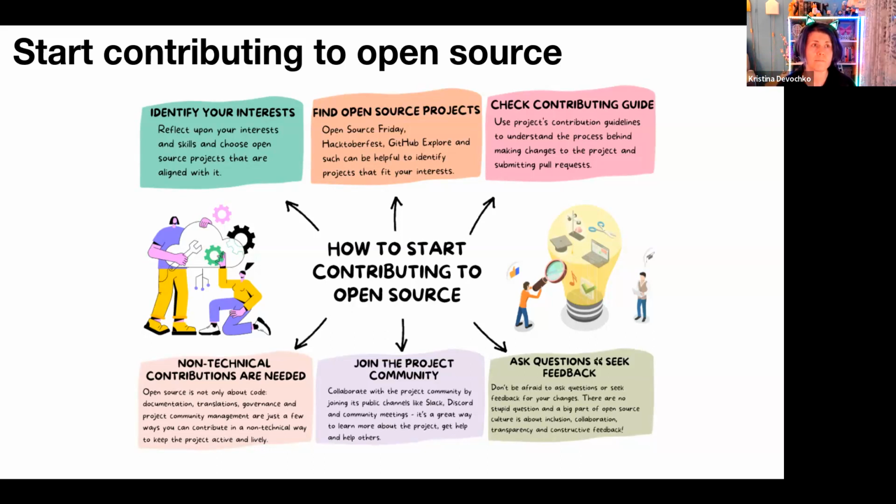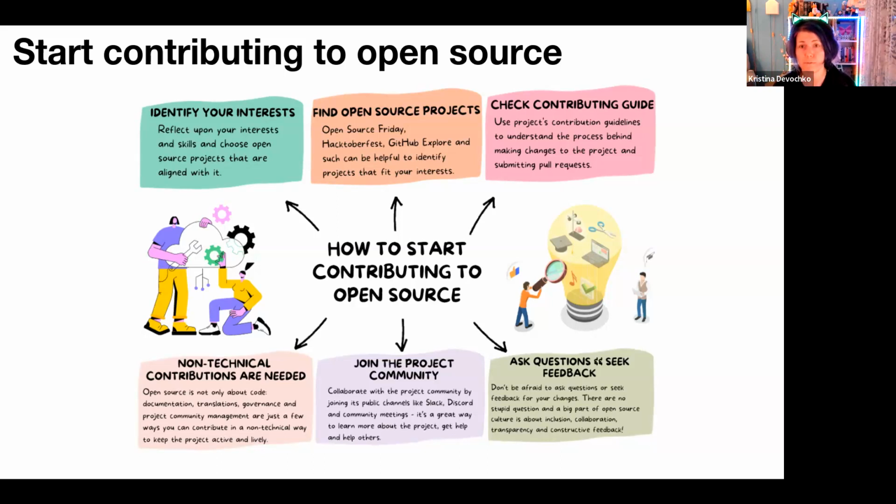A good pinpoint, when you have found a project, is to take a look at its contributing guide, how well it is documented, and if it is detailed. You can take a look at the overall contributions to identify if the project is active.